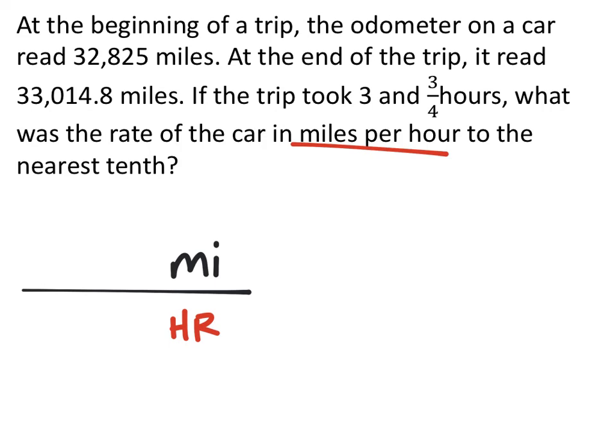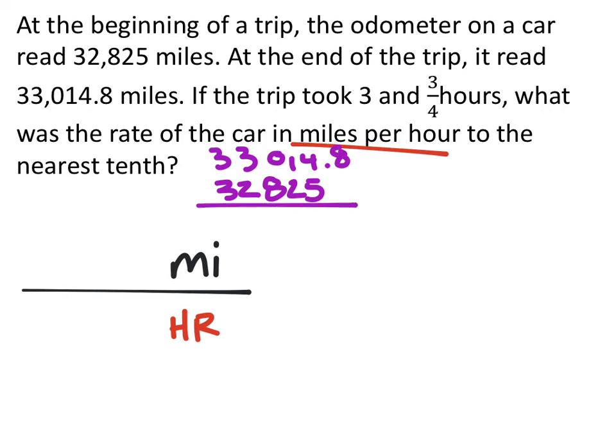Well, the question is, how many miles did they travel? And right here we see that at the beginning of the trip, the odometer read 32,825 miles, right? And then at the end of the trip, it said it was 33,014.8 miles. Well, to figure out how far they drove, we're going to subtract these two.